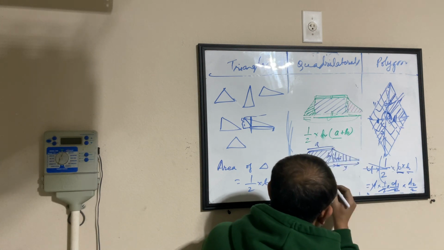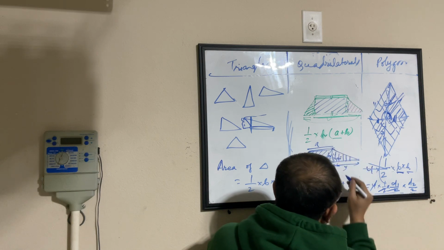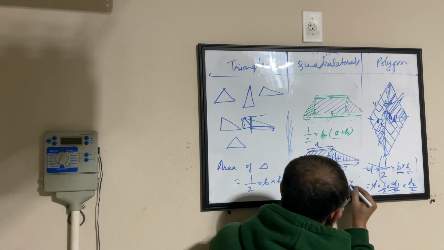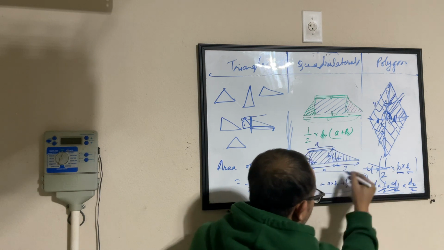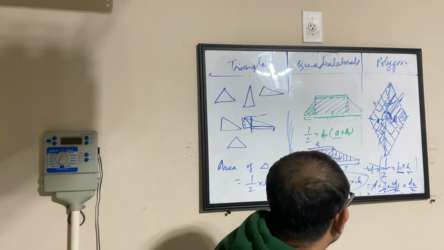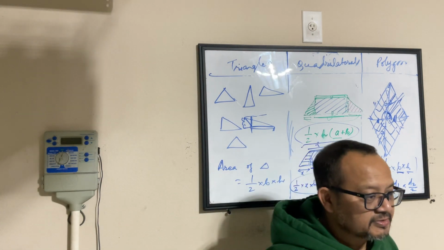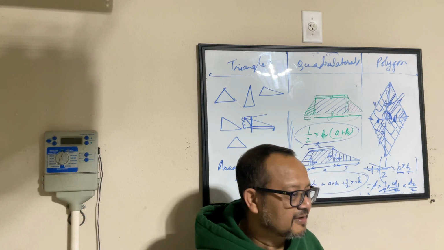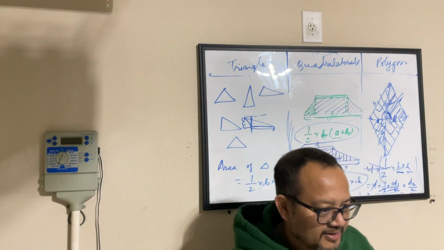Width is nothing but height, so A times H, plus this triangle's area, half into Y as your base and H as your height. When you add all this together, this is the formula that you will get. How you will get it, I'm not doing right now. I want you to try this. Yeah, I understand. Okay.